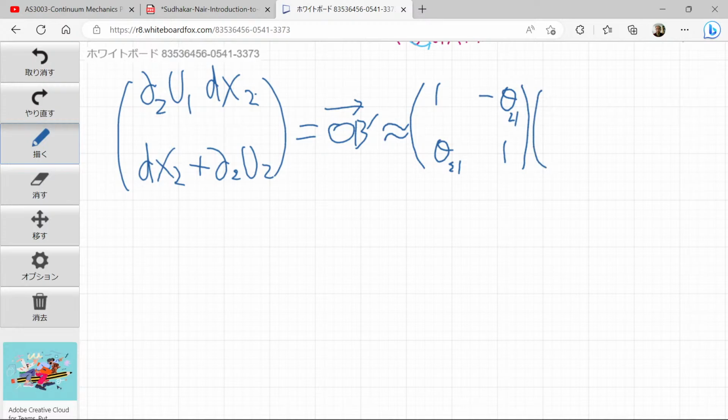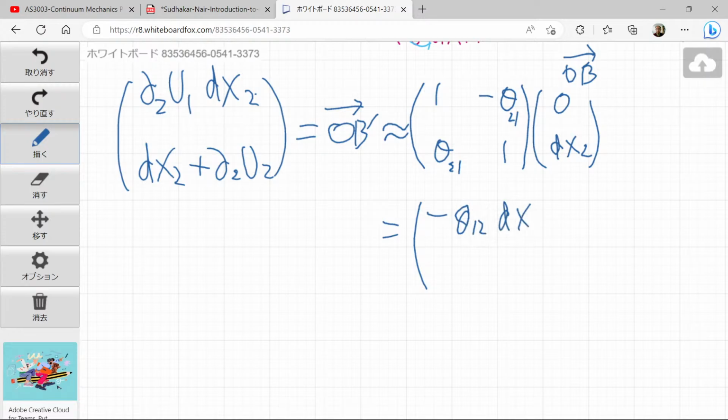Then the original one, OB, is 0, dx2. Right? This is OB. So we obtain this is equal to minus theta 12 dx2 and dx2.